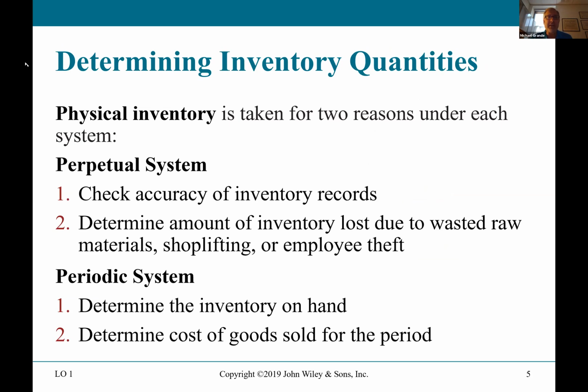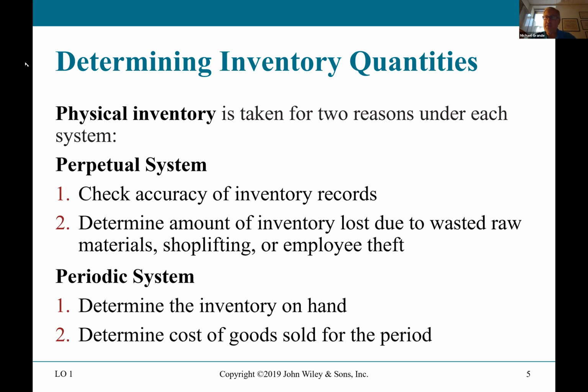Determining inventory quantities. A physical inventory is taken for 2 reasons under each system. In a perpetual system, which we talked about in the last chapter, they always know the value of inventory, at least in the computer. So they want to take a physical count and compare it. They check the accuracy of inventory records, comparing what the computer says they have on hand with what is physically on hand.